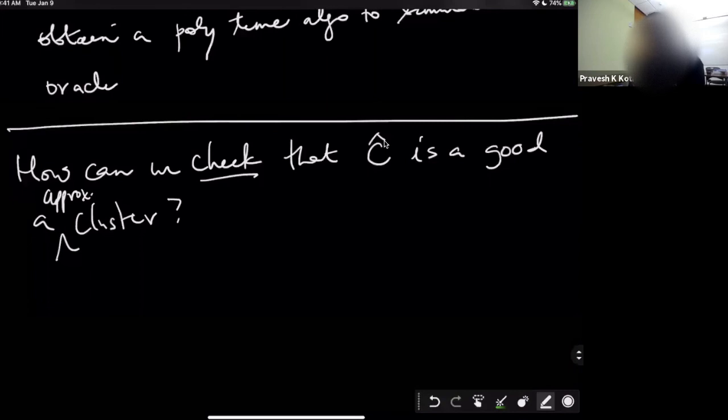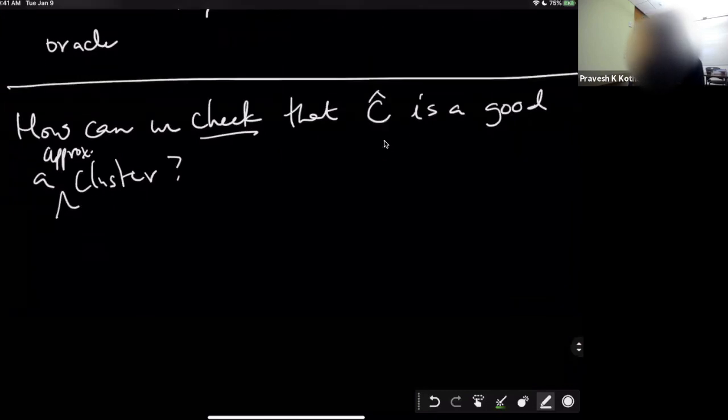The constraints are that the properties that we check should always be satisfied by true clusters, and they should also be enough that any set of points that satisfies those properties is close to a true cluster, right? In principle, we can check any property that holds for a true cluster, because any such set of properties will always satisfy completeness. And our hope would be that enough of those properties would even guarantee soundness.